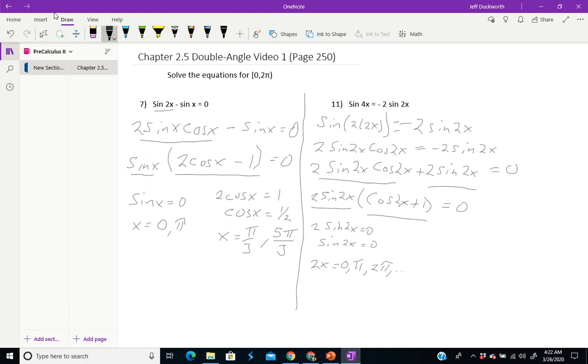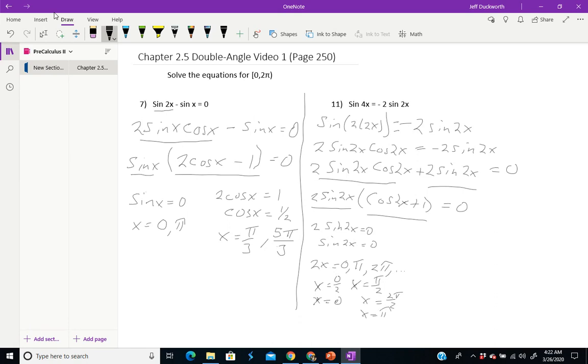But our answers for x have to be between 0 and 2 pi. So in our first one, we would have x equals 0 over 2, which means x equals 0. In our second version, we would have x equaling pi by 2. And our third one here, we would have x equaling 2 pi over 2, which means x equals pi.